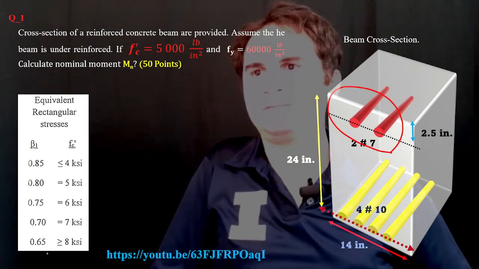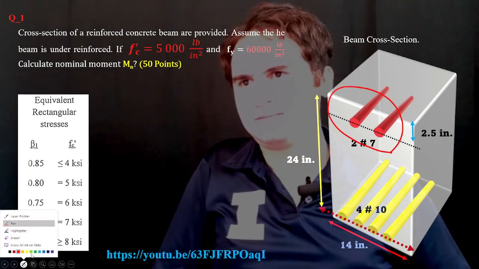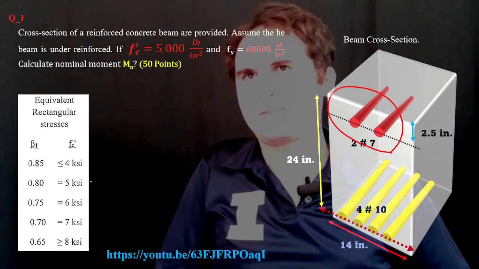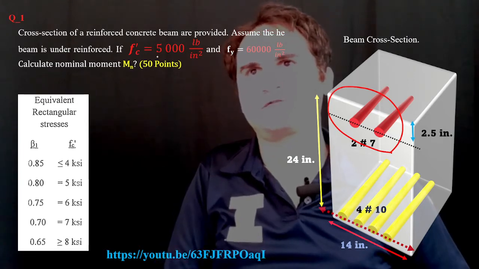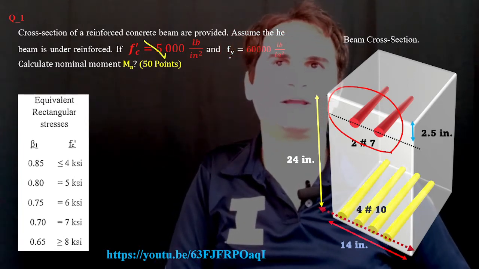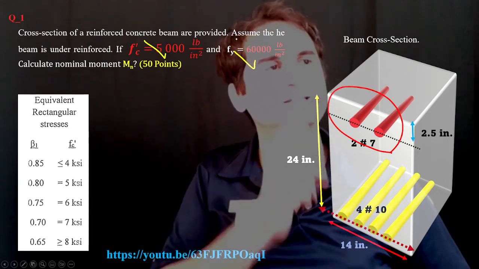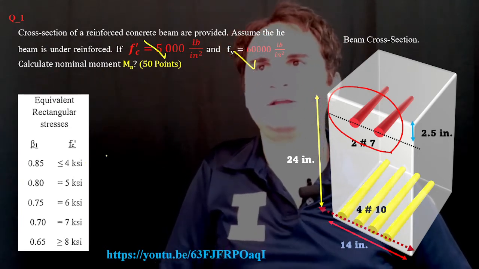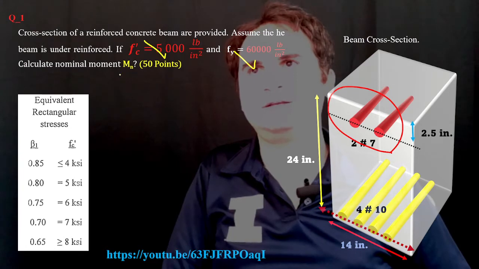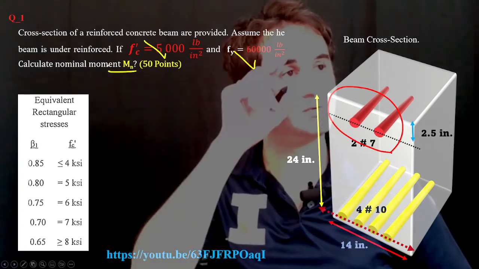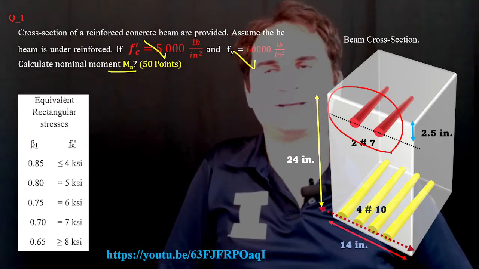If f prime c, the specified strength of concrete, is 5,000 psi and the yield strength of steel is 60,000 psi, let's calculate the nominal and also design moment capacity of the section.